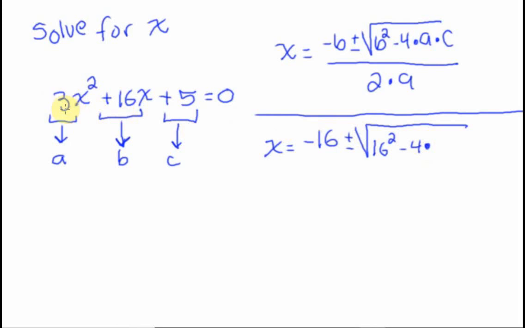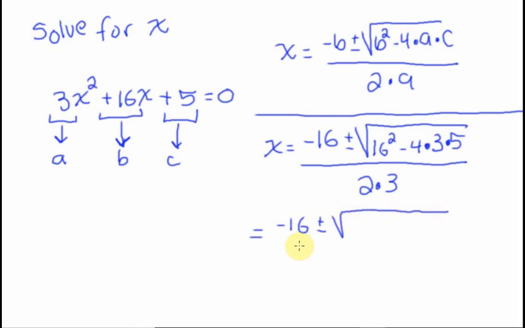Our a is 3, times the c, which happens to be 5 in this case, all divided by 2 times our a, which is 3. Okay? So it's equal to negative 16 plus or minus the square root of something divided by 6. I can do 2 times 3 in my head, but we may want to use a calculator to figure all this part out.